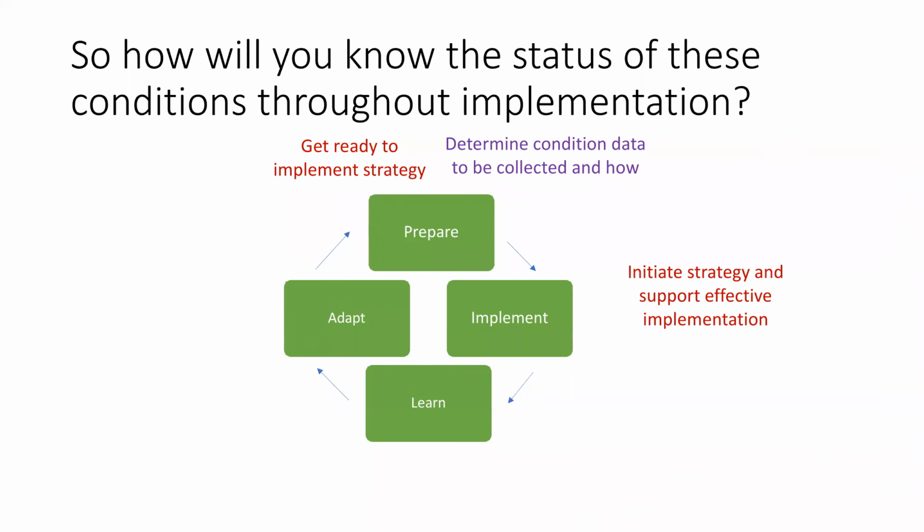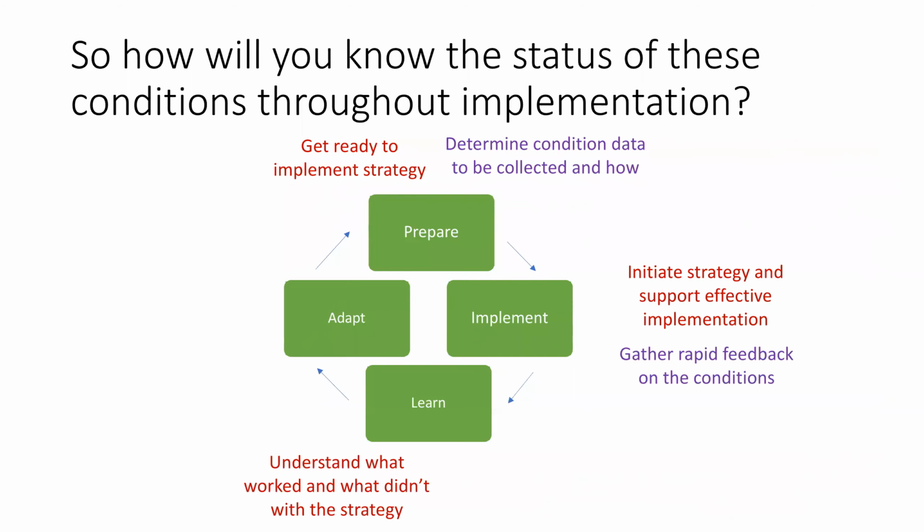Then as you implement your strategy, we know that we want to support effective implementation. And one of the best ways you can support effective implementation is to gather rapid feedback on these conditions, as well as, how's the strategy going? By gathering data on both of these things during implementation, it's going to set you up then for the learn phase, which is where you want to be able to reflect on and learn and understand, okay, what's working with our strategy?